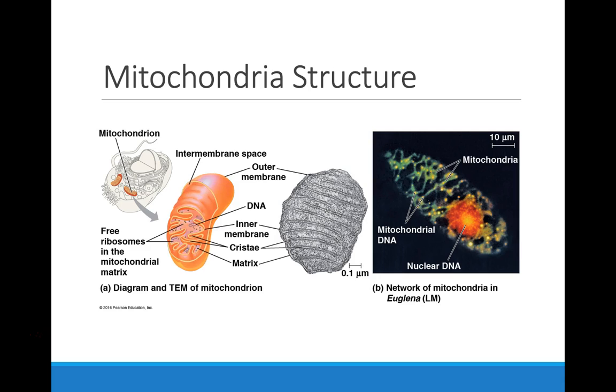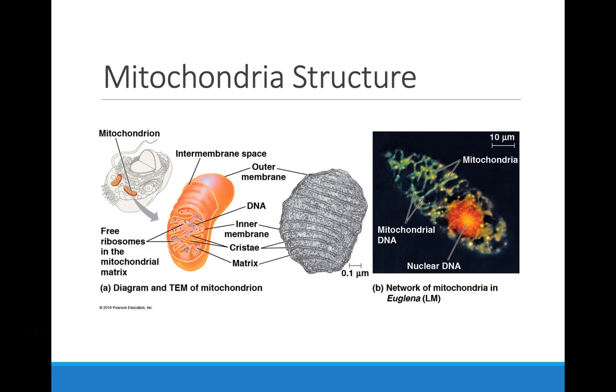And the process of cellular respiration actually occurs in those folded membranes of the mitochondria. And so by increasing the surface area of those cristae, we allow more room for cellular respiration to occur. Some of the processes of cellular respiration actually occur embedded in that membrane. And so if we have more surface area, we can run the processes of cellular respiration more frequently.